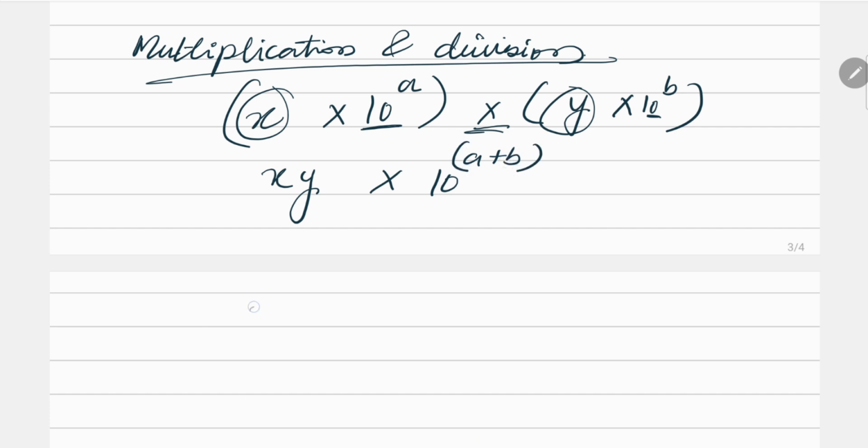But if the same question is taken, but you have to remember that we have changed the sign, we have divided it.